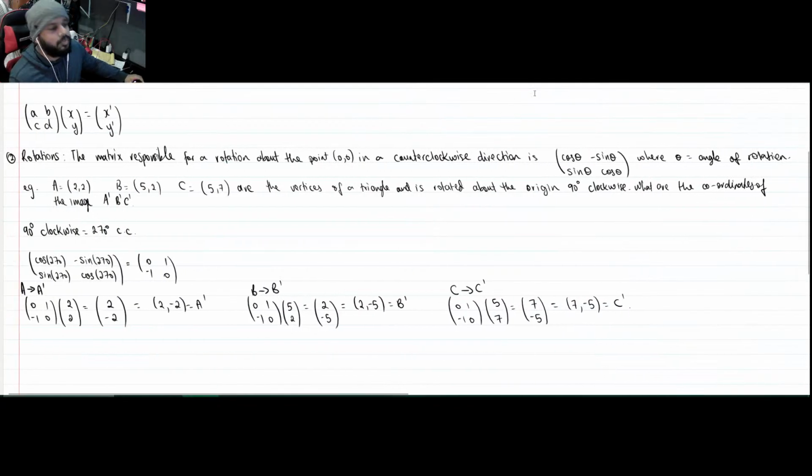Now, like I said, if I show you one calculation, I show you all calculations. What I will do is give you all the matrices that are responsible for all the necessary transformations. So this is the matrix responsible for rotations, and I'll list all the rest that are responsible for every other transformation.